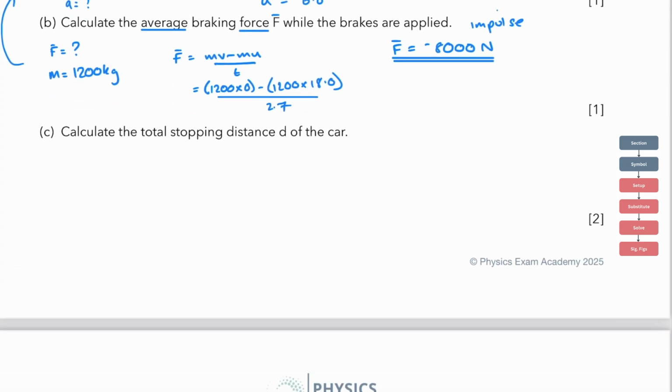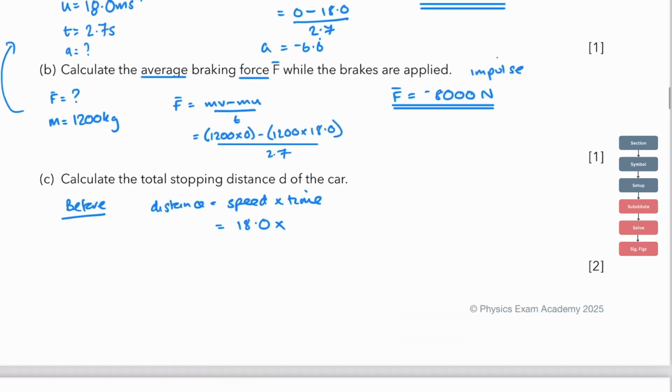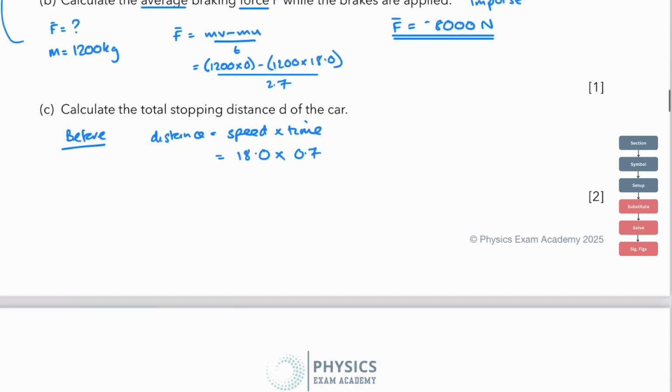So before the brakes are applied, it's travelling at a constant speed. So the distance is equal to speed times time. The initial speed was 18 times the time it was travelling at a constant speed, which was 0.7. So the distance it travelled before the brakes were applied is 12.6 metres.